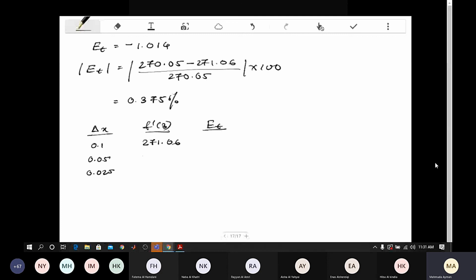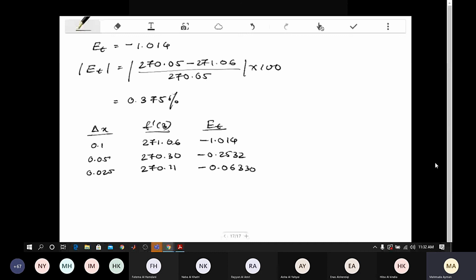Then we have for the next one 270.30, 270.11, and the true error is minus 1.014, minus 0.2532, and minus 0.0630330.